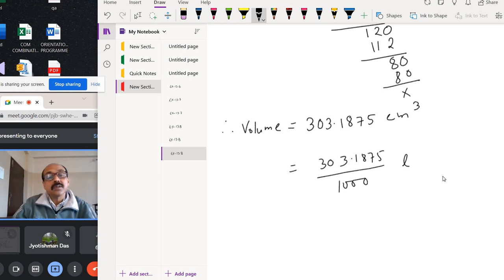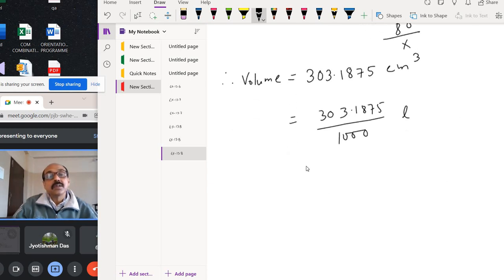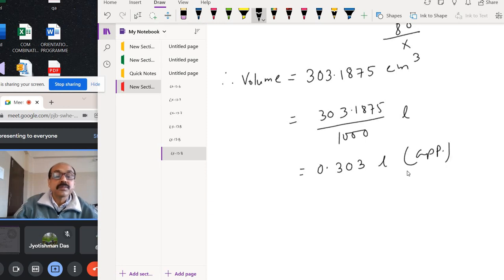So you can write 0.303 liter. This is approximate value. So this is the capacity of the hemispherical bowl.